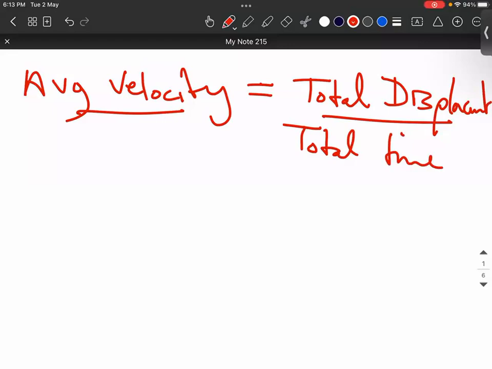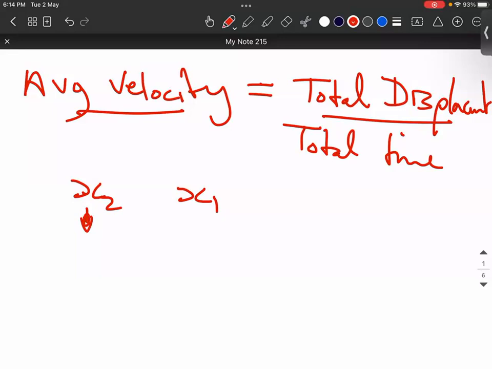Good. Are we good? Okay. But if we have position quantities, let's say my final position is x2 and my initial position is x1. Let's say that is the case, right? Then what will be my average velocity?